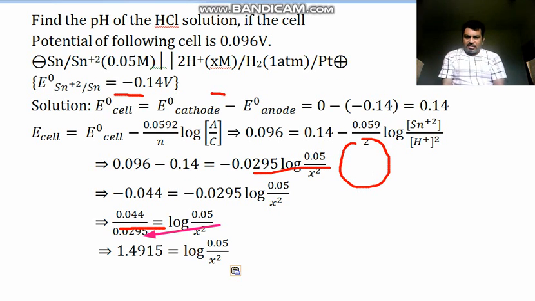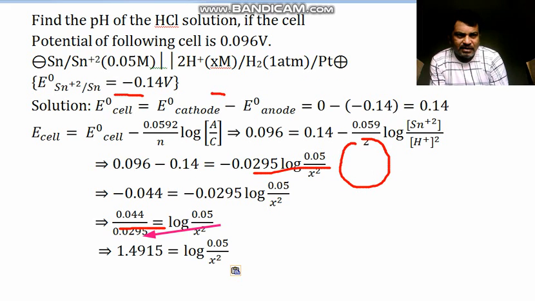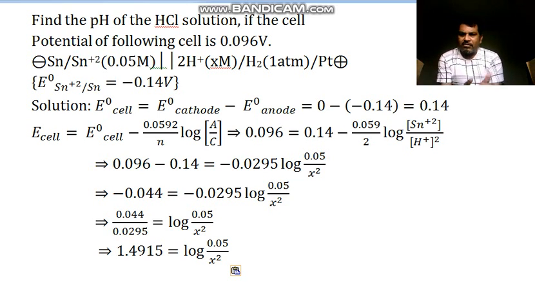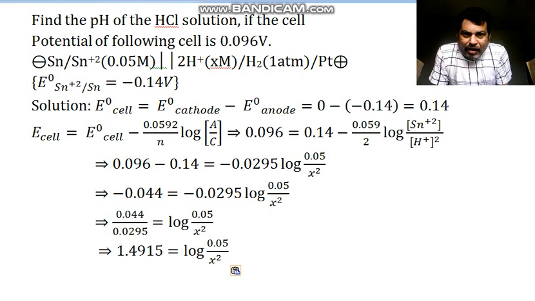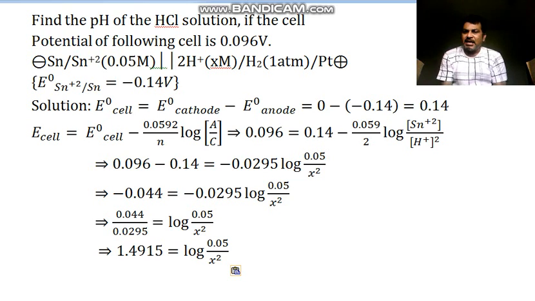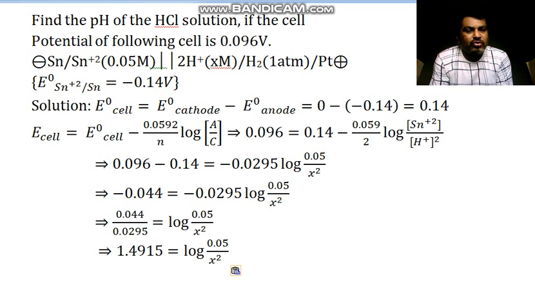See, the value which went down, 0.044, the minus was cut out, 0.0295 will come out, and log 0.05 upon x square remains as it is. Now the value of 0.044 divided by 0.0295 is nothing but 1.4915. You can calculate that, and the rest remains as it is.